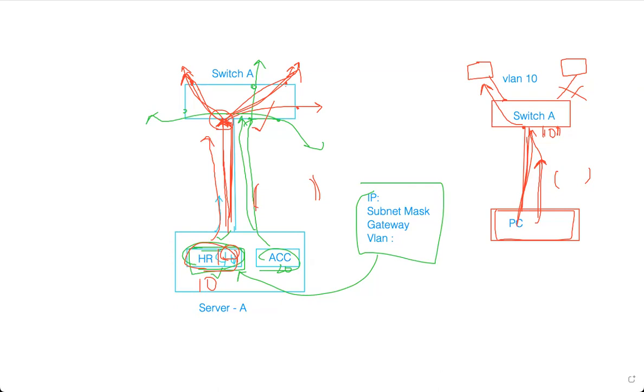Okay, Riteshwar, can you try: what is a trunk and why it is used? Can you repeat the question once again? What is a trunk and why it is used?